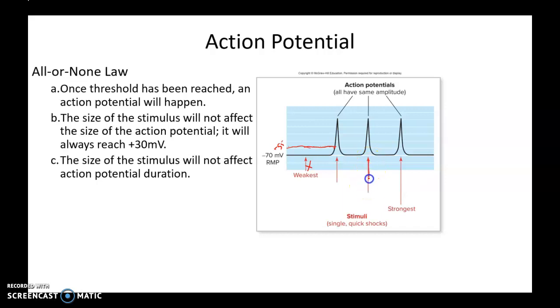How about this one? The stimulus is strong enough so that the threshold can be reached. And as it hits threshold, boom, you have an action potential. And obviously, with the strongest stimulus, you will also see an action potential.